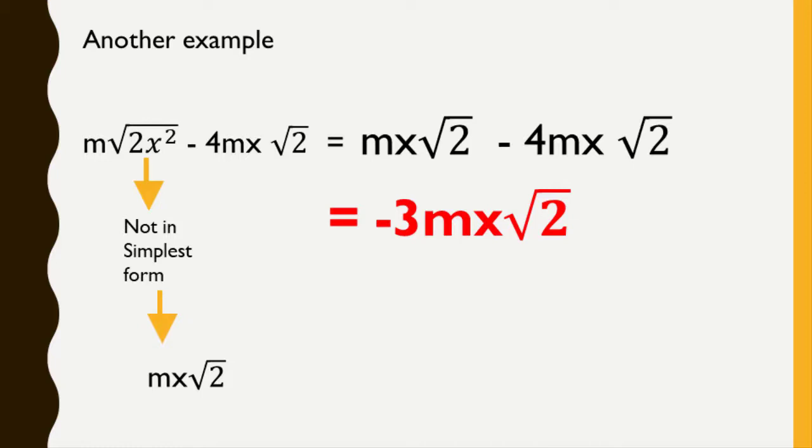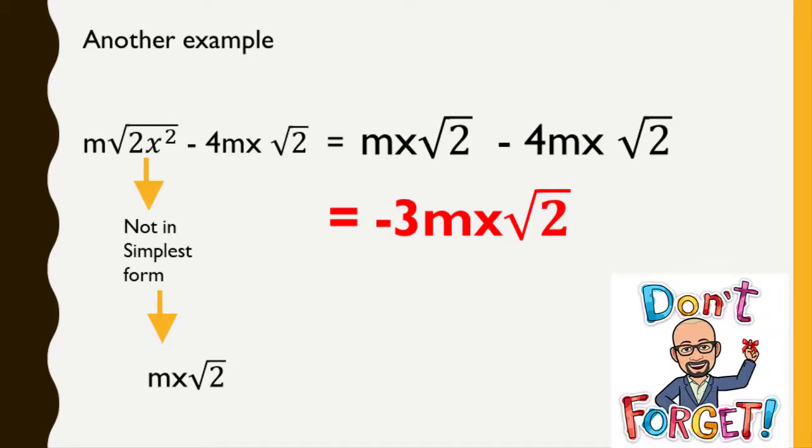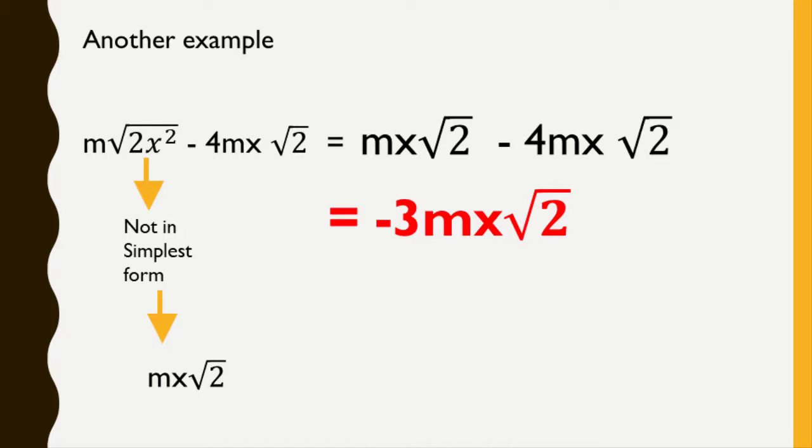Simplify first m square root of 2x squared, resulting to mx square root of 2. Now you can subtract 4mx square root of 2 from the simplest form of m square root of 2x squared, which is mx square root of 2, resulting to negative 3mx square root of 2.